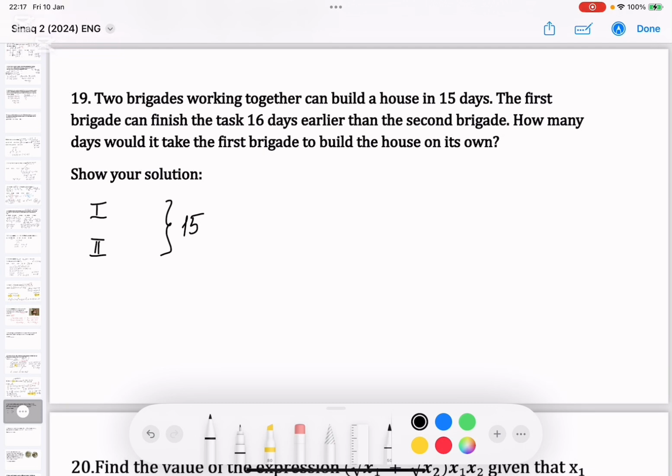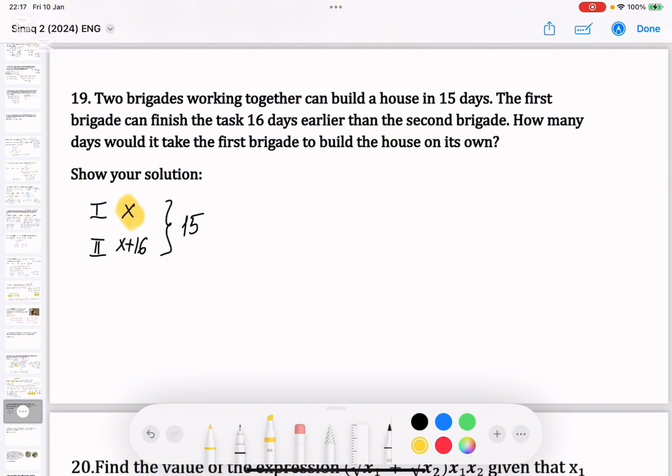So if it takes x days to finish the task for the first brigade, it will take x plus 16 days for the second brigade to finish the task working alone. So basically, we have to find x. This is what we have to find.